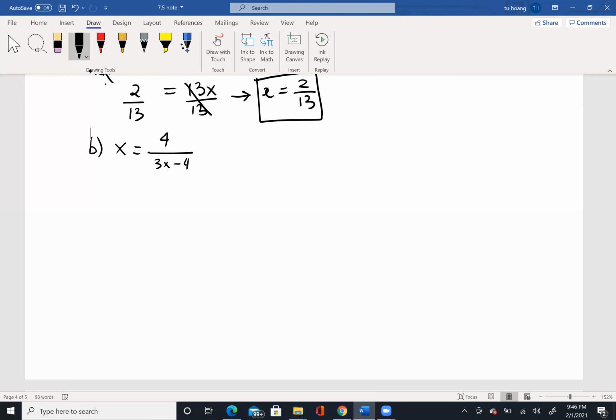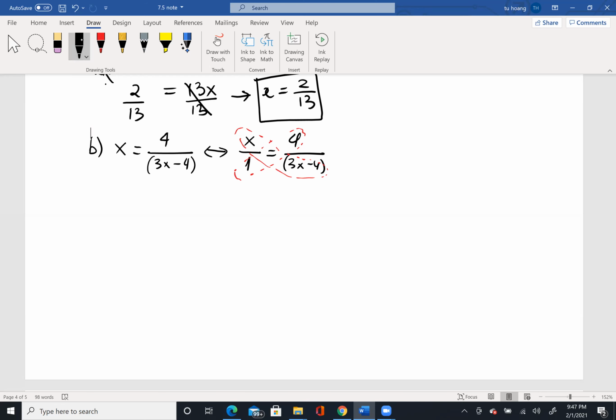What should I do for this one? I firstly will convert the left-hand side to become a fraction form, x over 1 equal to 4 over 3x minus 4. Okay, so now I can apply cross multiply, and make sure the bottom is not equal to 0.